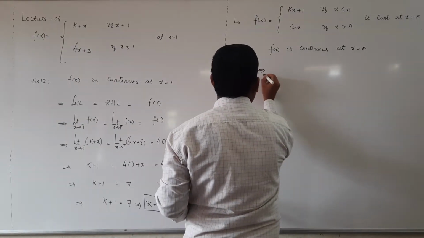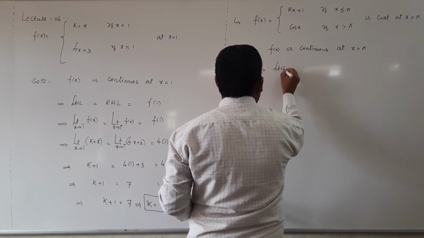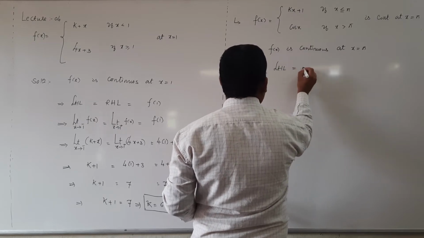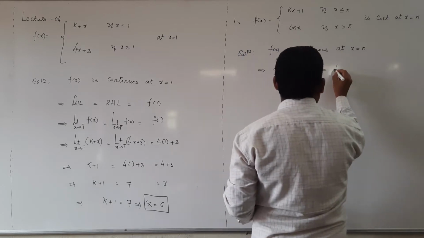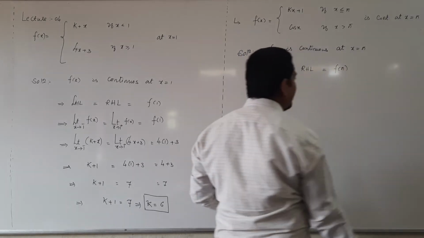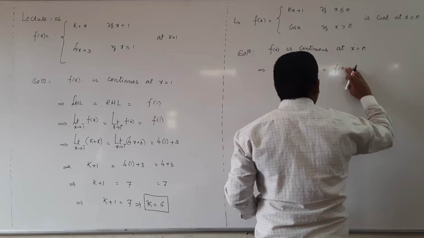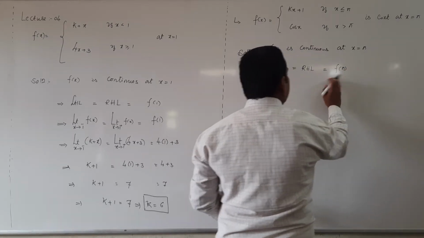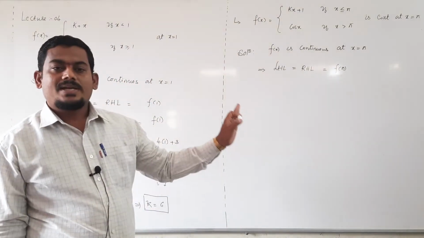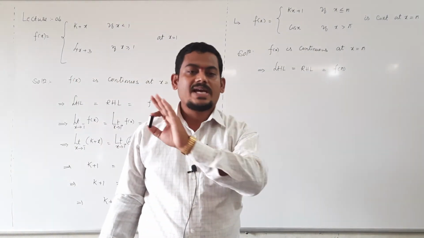Once the function is continuous, then left hand limit equal to right hand limit equal to functional value at that point, that is f of pi.